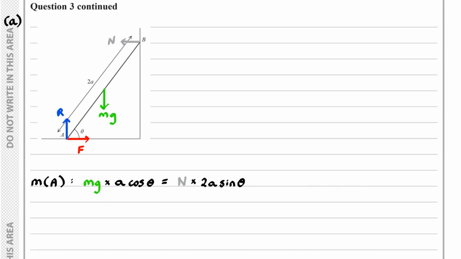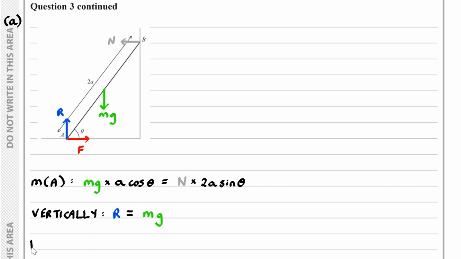Let's now resolve horizontally and vertically. If we resolve vertically, we have R, which is equal to m multiplied by g.